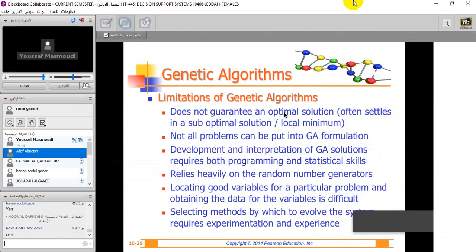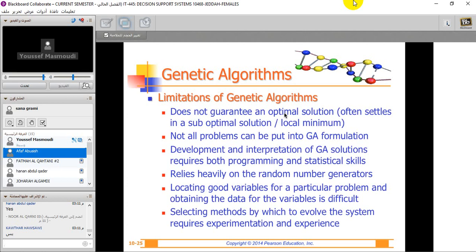And we illustrated the example of the knapsack and how to represent a chromosome for this problem, and how we can generate generations by taking the best parents to cross them between each other and to get a new generation, which have to be in good health. So in slide 25, we are talking about the limitations of genetic algorithm.